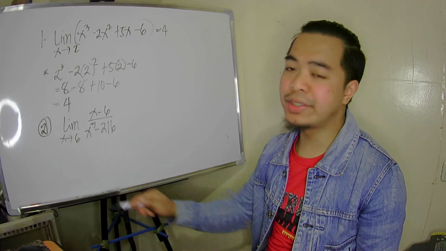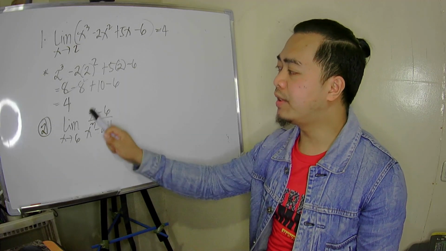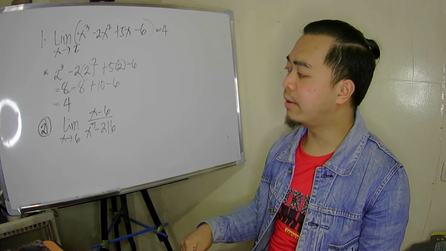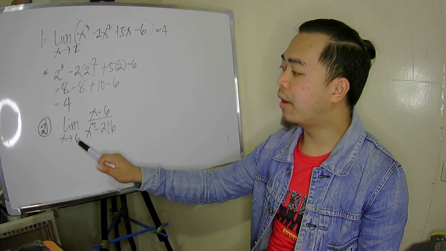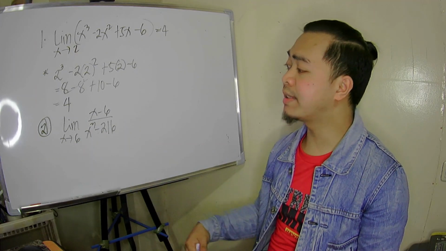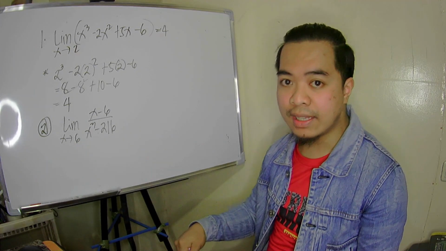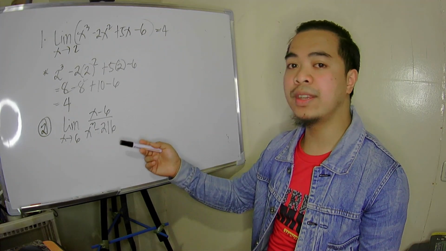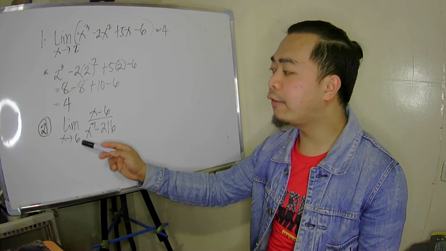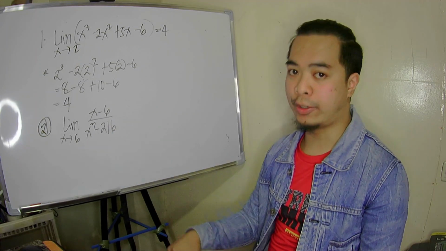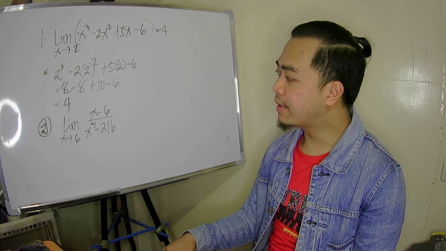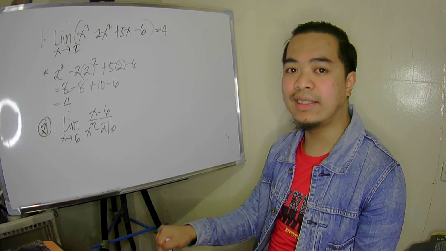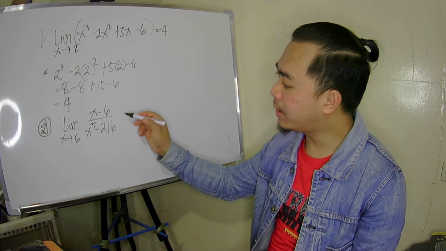In the numerator, if we substitute 6, we have 6 minus 6, which gives us 0. How about the denominator? Substituting 6 into x cubed minus 216: the cube of 6 is 216, so 216 minus 216 is 0. We have 0 over 0, which is indeterminate if we substitute 6 directly into the original function. We said that if that happens, we do not just stop there, because it is possible that the limit still exists. How should we proceed?